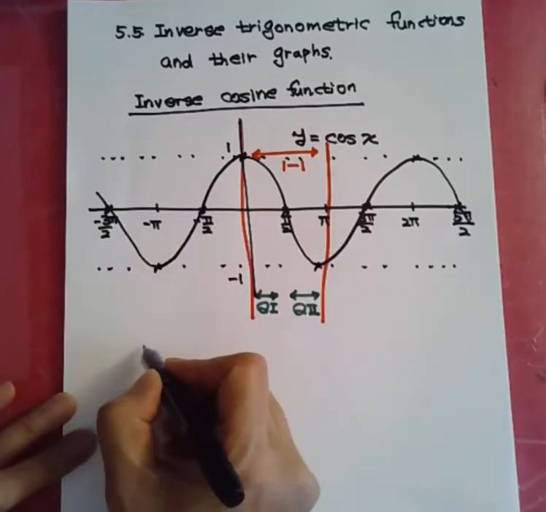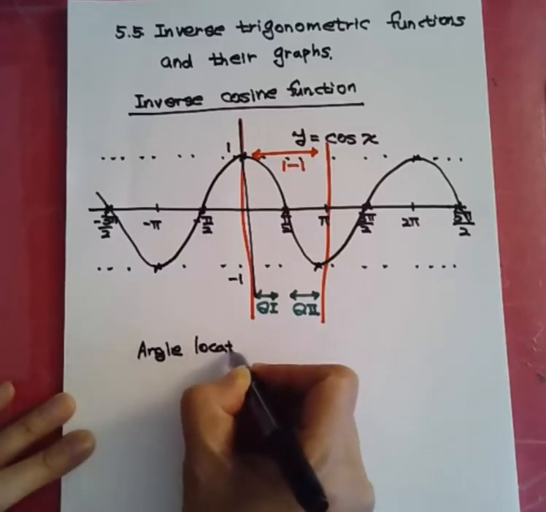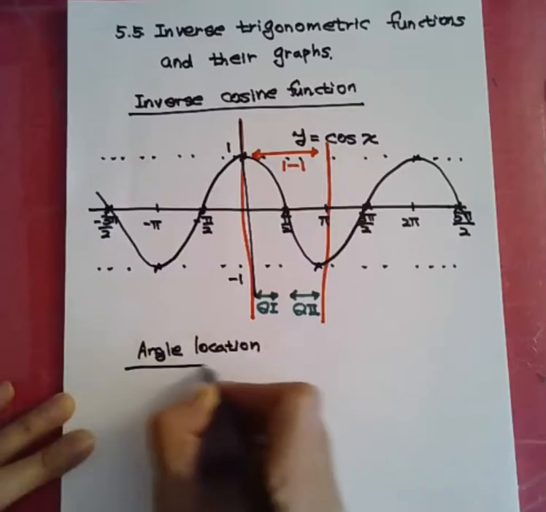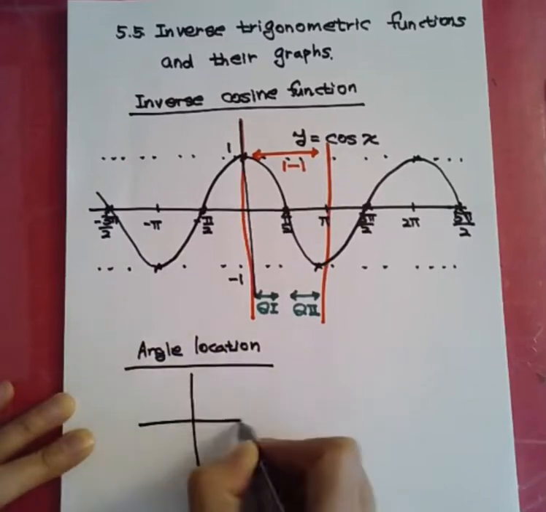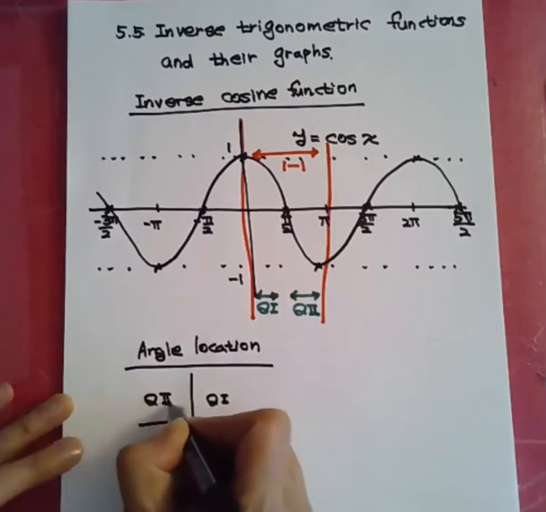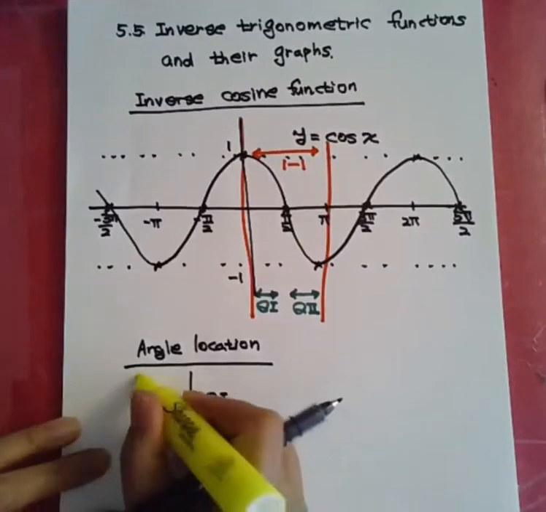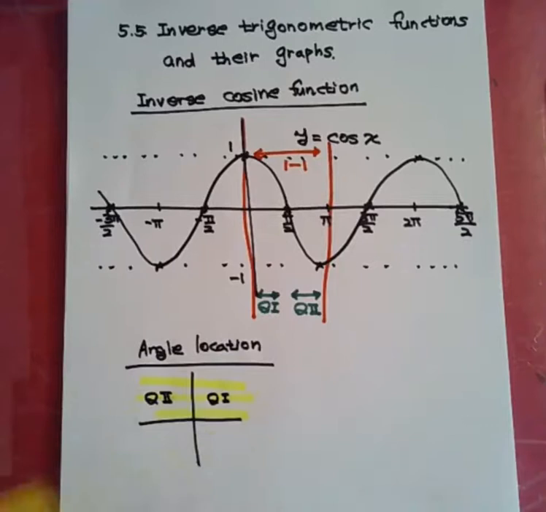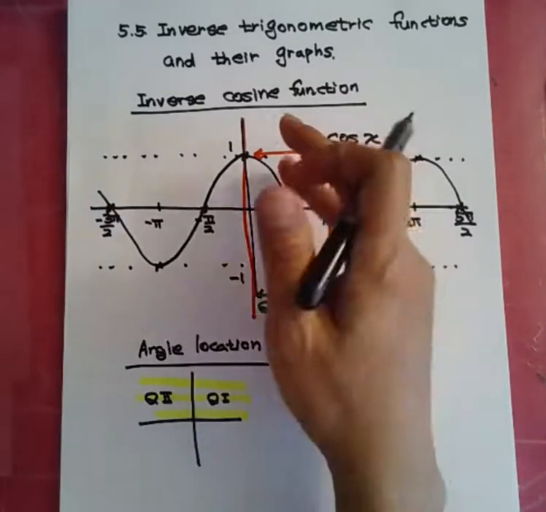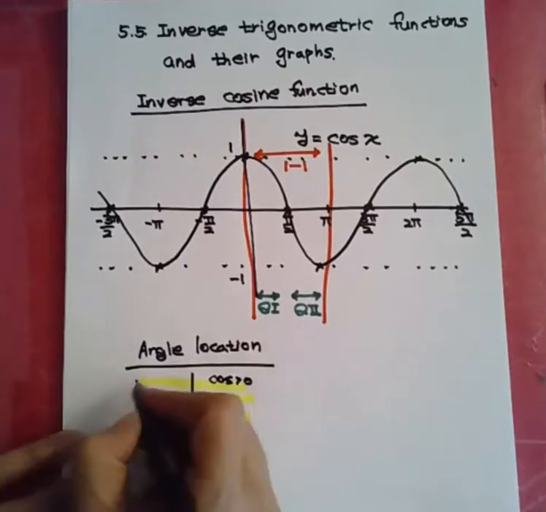If we think about the angle location, the angles will be located in quadrant 1 and quadrant 2. In quadrant 1, cosine is positive. In quadrant 2, cosine is negative.